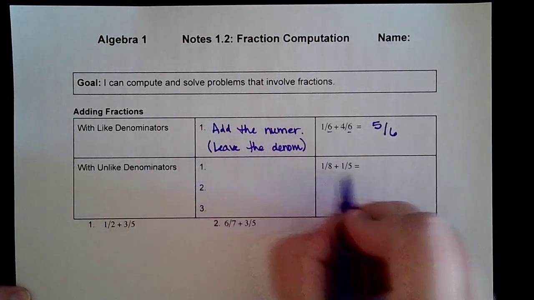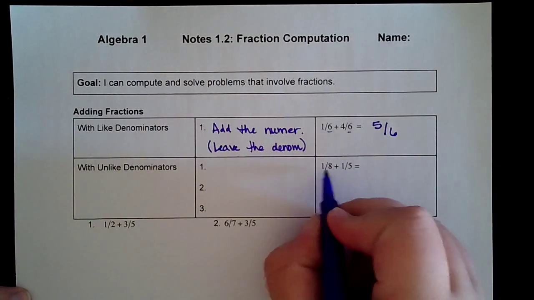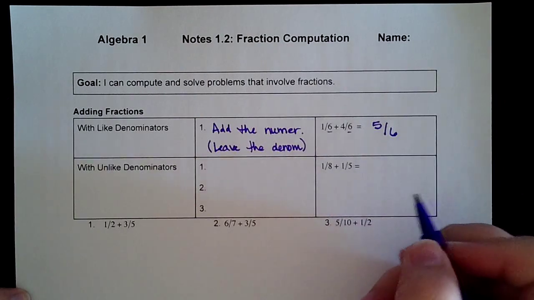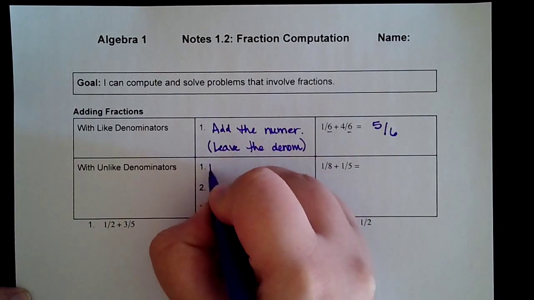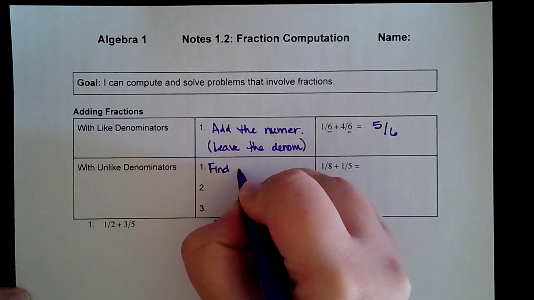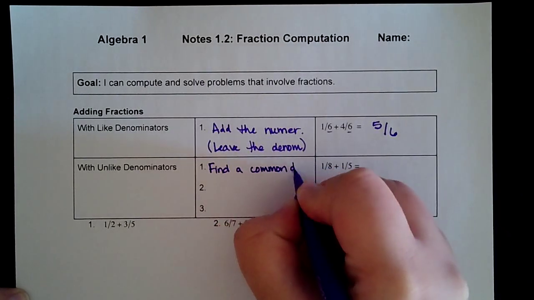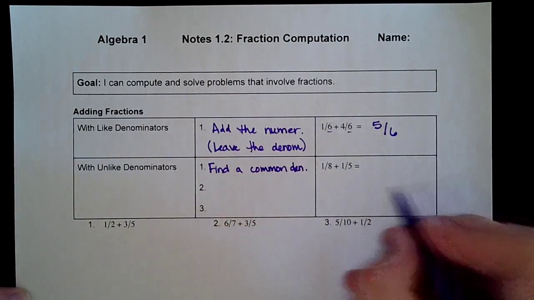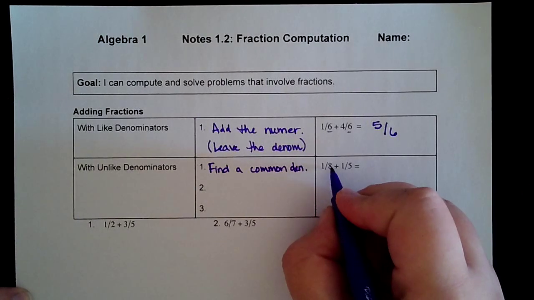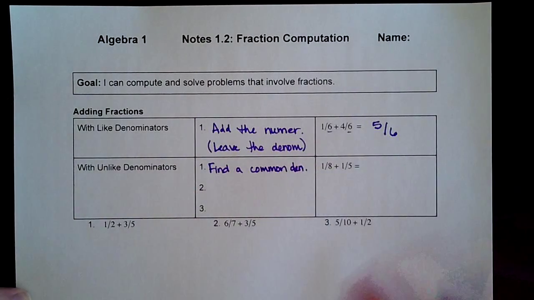So in order to complete a problem like this, where we have 1/8 plus 1/5, we need to start by finding a common denominator. And what this means is we need to find a number that both 8 and 5 multiply to and have in common.